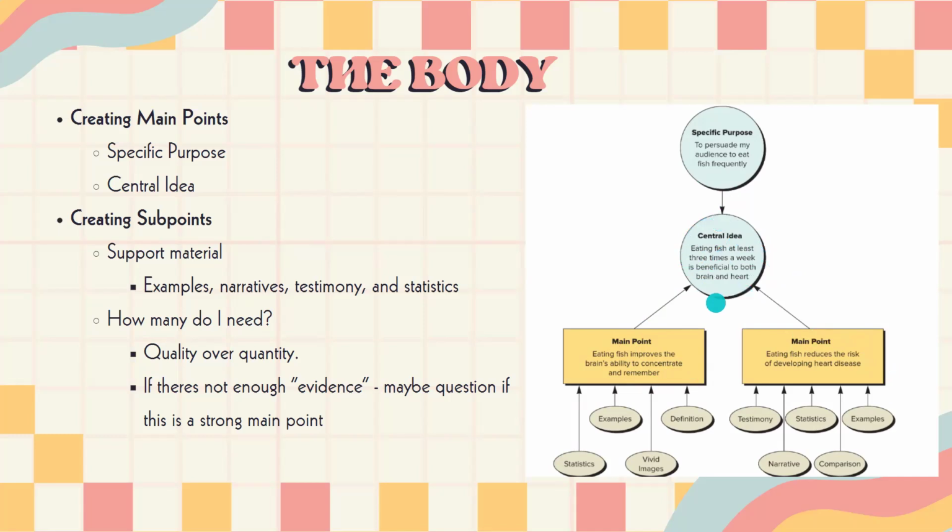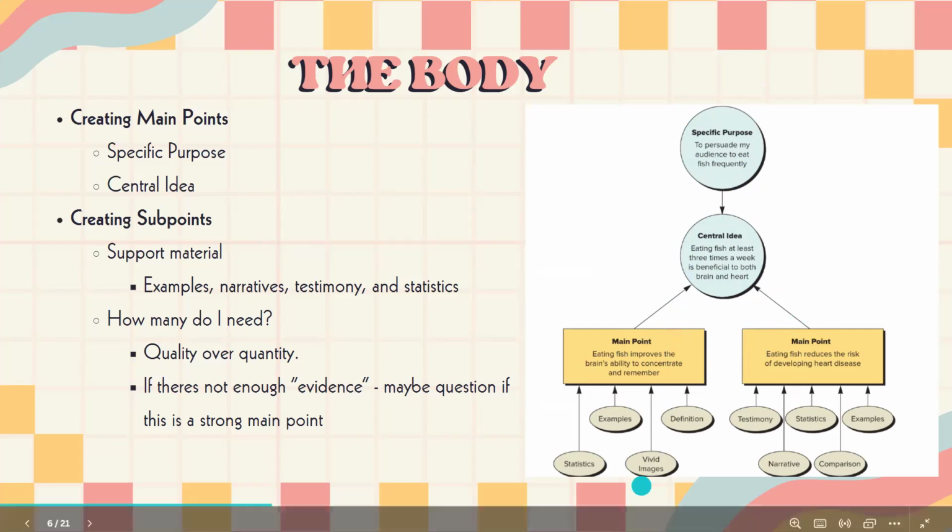If I didn't bring up how it was beneficial to the brain and the heart, these main points wouldn't make sense. So using this to come off of that, for your demo speech, it's going to look a little different. It's going to be a lot more simple than this one, which is obviously a persuasive speech. But this gives you the idea, especially moving on to when we do our informative speech and our persuasive speech.